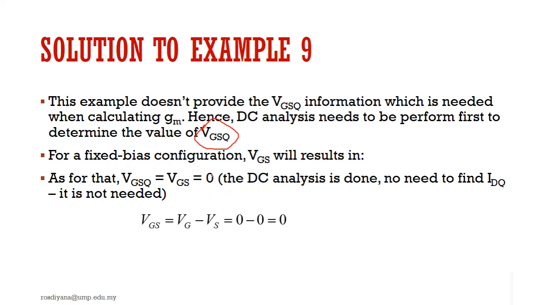For a fixed bias configuration, VGS equals VG minus VS. In the circuit, near the RG there is no value for VG, and for VS there is no RS. So VG equals 0, VS also equals 0.